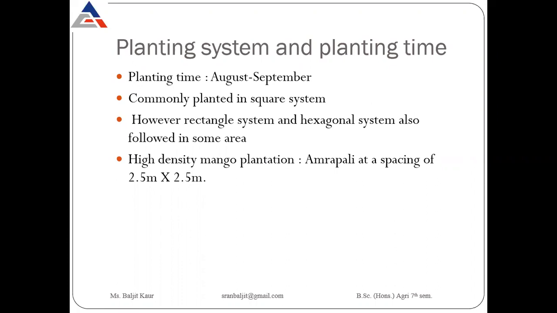And the planting system that is followed in case of mango is a square system, and rectangular system or hexagonal system are also followed in some areas, right? And if we want high density mango plantation, Amrapali is a variety of mango which is very dwarf in nature, and this variety can be planted at a spacing of 2.5 by 2.5 meters.